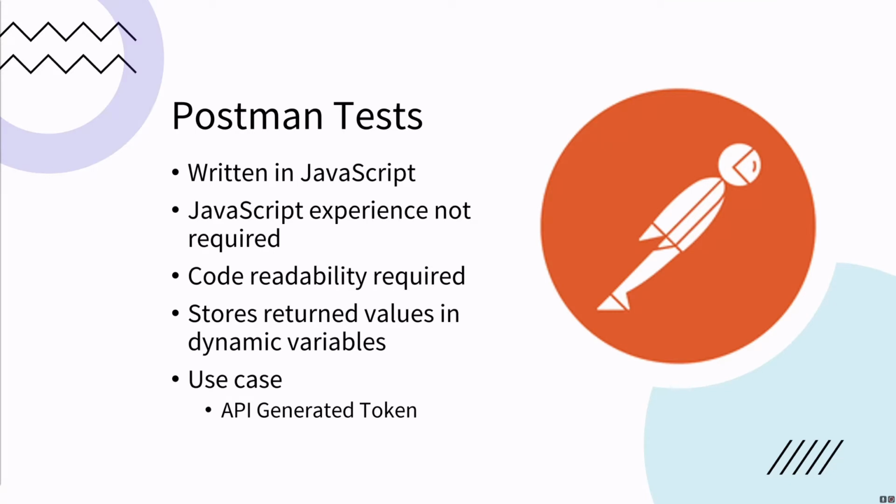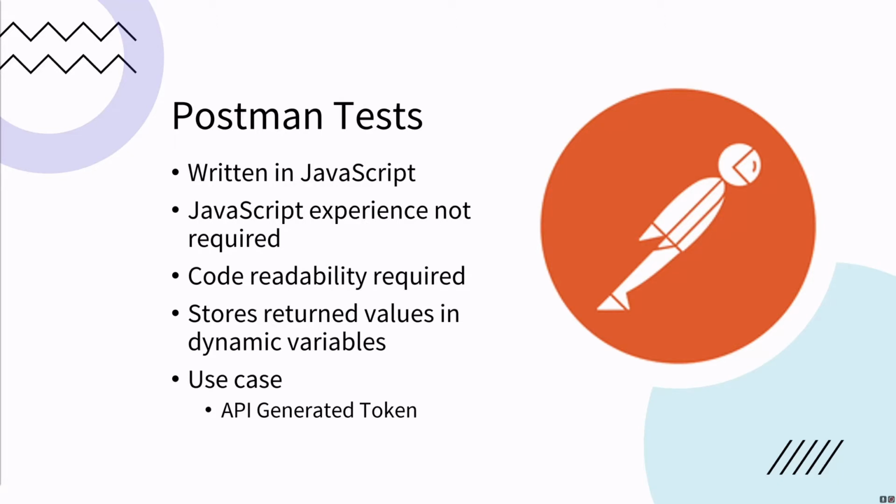Postman tests. We're going to use Postman tests to store dynamic variables, which is all we're really going to be using it for in this class. It's written in JavaScript, but JavaScript experience is not required unless you want to write more advanced tests in Postman. For the purposes of understanding tests, all we're going to do is take the results of our authentication API call, in which we get a token returned, and then store that value in a dynamic variable in our environment.